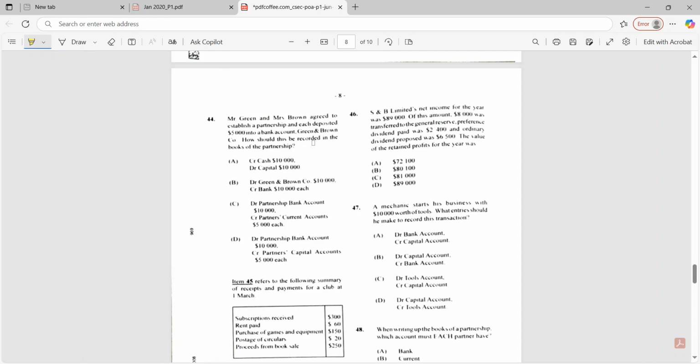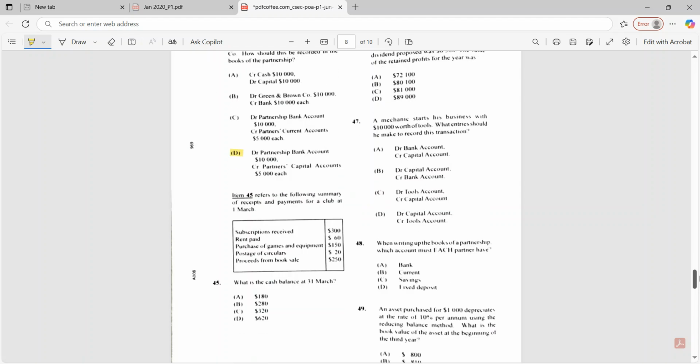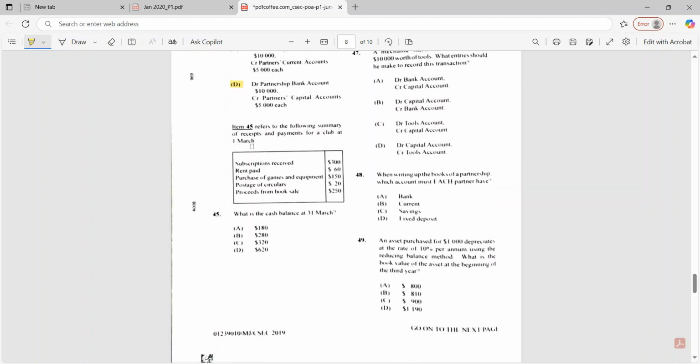We have to credit capital, and it says it's deposited into the bank account, so we're going to have to debit the bank account. All right, so looking at those options, where do you see the answer? It will be D.